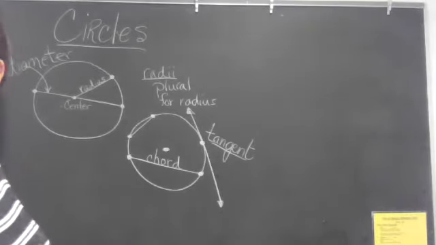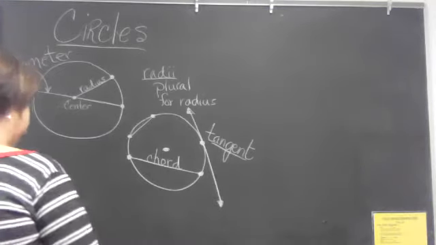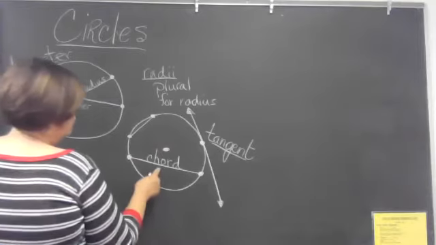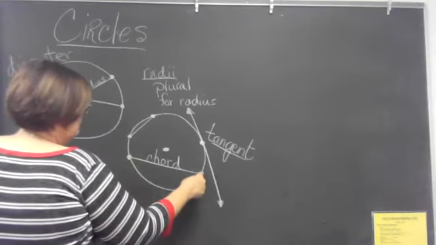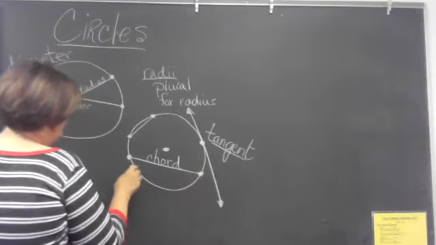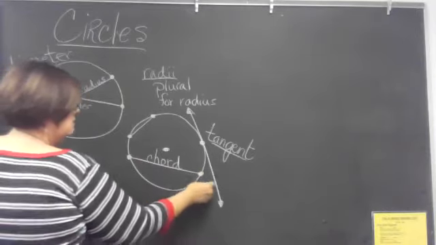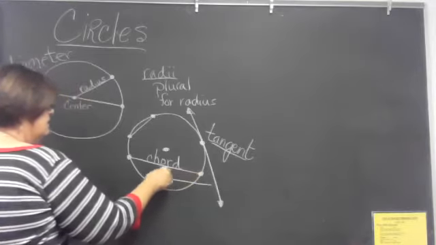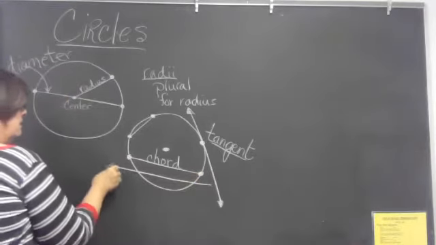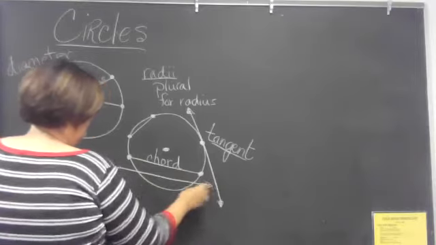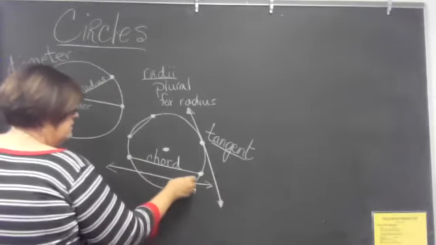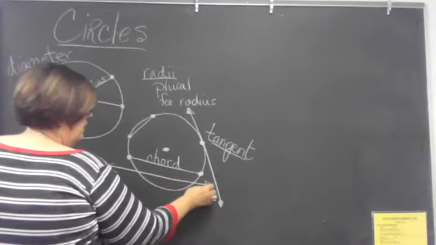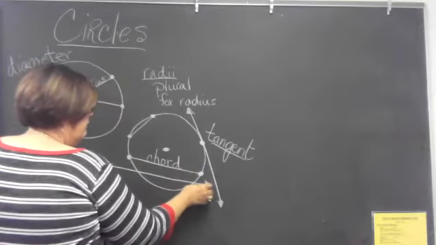Okay, there is one more piece of information. Notice that the chord stopped here and stopped here. Well, you're going to have another piece that does the exact same thing, but it's a line. It cuts through the circle at two places again, but this time it goes on forever.